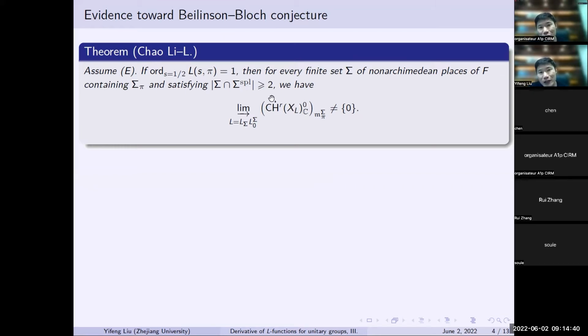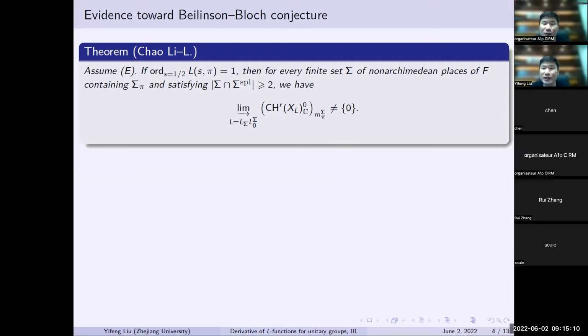So if we localize the cohomologically trivial Chow group of codimension r at the maximal ideal, because the Hecke algebra away from sigma will act on it, because here this level will fix the away from sigma part. You only change the sigma part. In other words, we fix the level away from sigma, they are the best level.